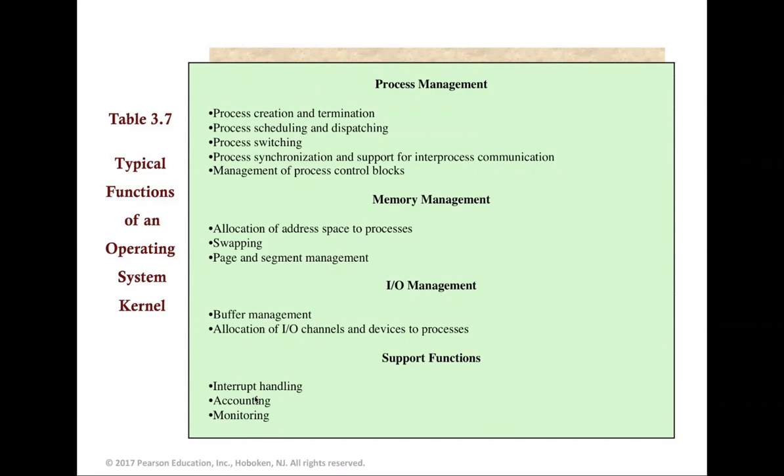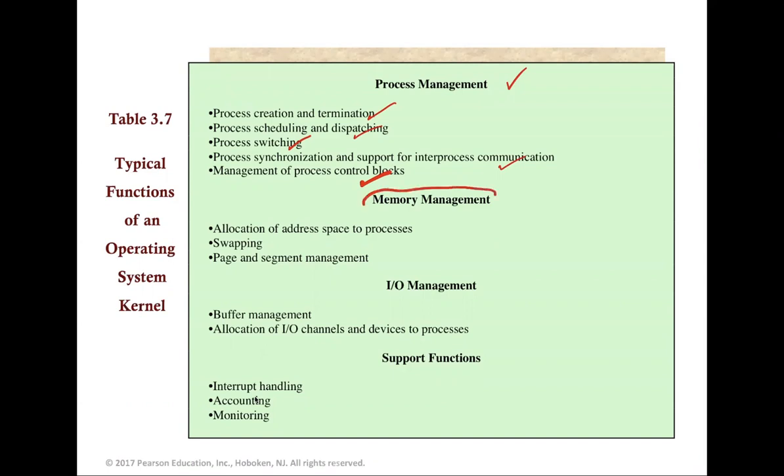First, process management, in which we create and terminate a process, schedule and dispatch a process, provide process switching, synchronize and support inter-process communication, and manage the process control block. All of these are functional examples of the kernel that are processed when the processor is running in the system mode.